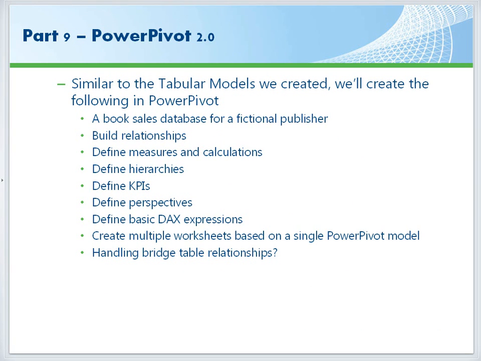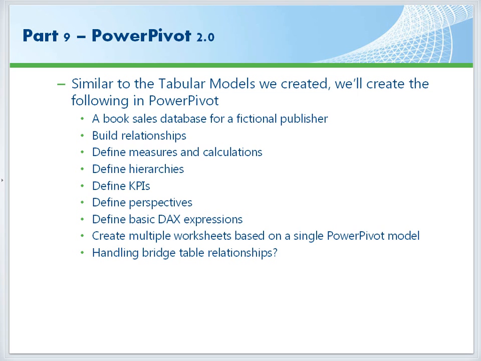Now what I'm going to do is take essentially the same demonstration I did last week for a fictional book publisher and recreate it using PowerPivot here today. So some of the steps are going to seem very similar, except we're going to be doing it under the control of Excel. I'm going to take some data, build some relationships with it, define some measures and calculations, define some hierarchies, build a KPI, look at perspectives, and look at some basic DAX expressions.